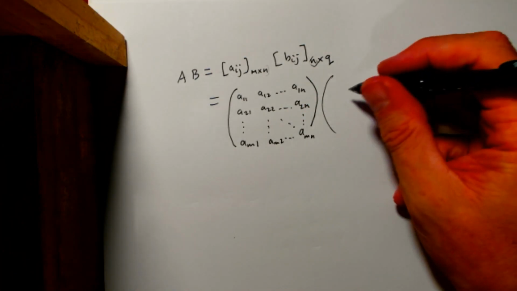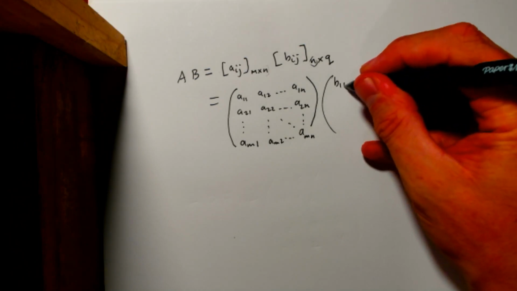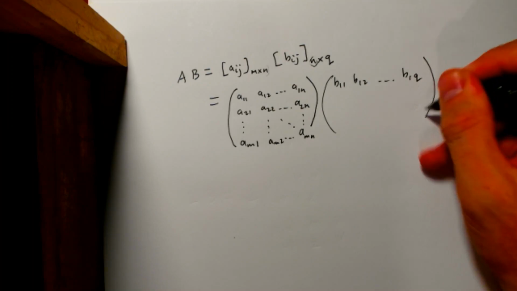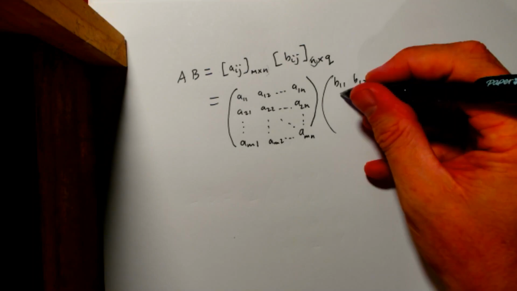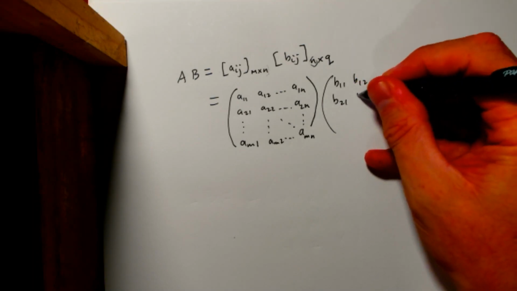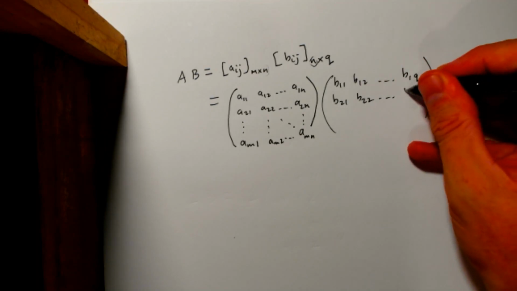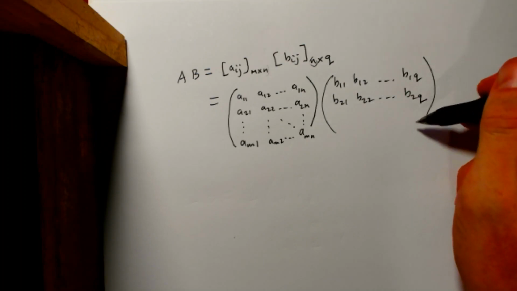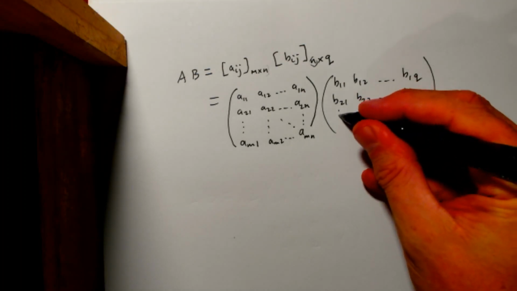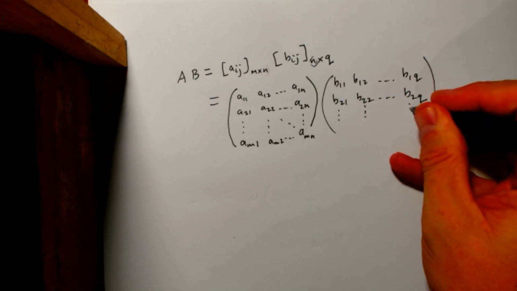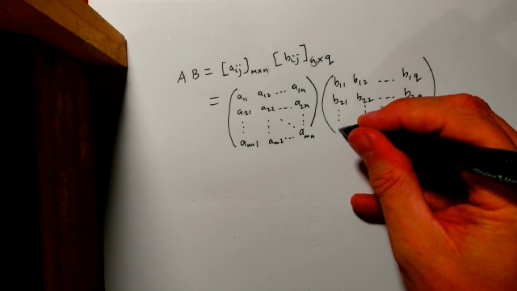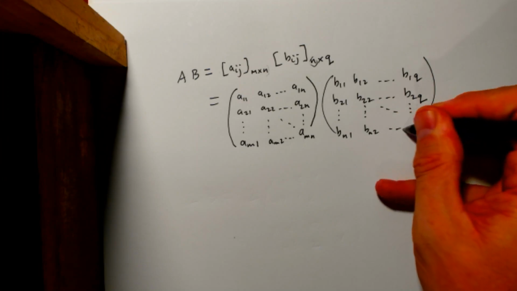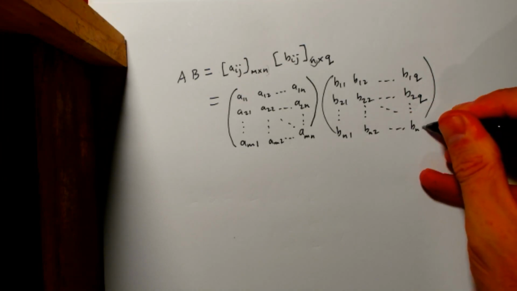Similarly, the matrix B, let's assume it's B11, B12, up to B1q in the first row. Then the second row, B21, B22, up to B2q, because there are q columns. Vertical dots, diagonal dots, and the last row has Bn1, Bn2, up to Bnq.